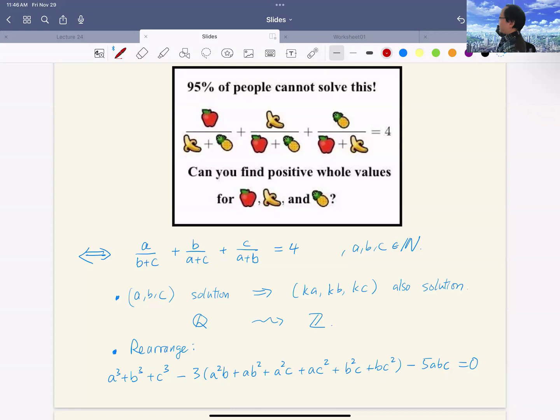So our goal is to find a positive rational solution. Okay, so we can clear the denominator and get integers. Now this is just an equation, so we can rearrange. We can clear the denominator and rearrange. We get something cubic, which is good, right? We get something cubic, so there is a hope that we can solve this with cubic techniques, which we just learned.